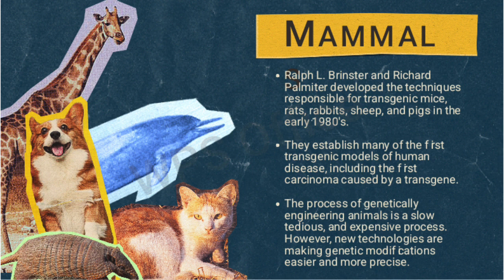So, sa pagkakaintindi ko is siguro nung mga dun sa past, ang proseso ng pag-genetic engineer sa animals is mabagal at saka may kamahalan, pero ngayong modernize na yung mundo natin, marami ng technologies na naiimbento na nakatutulong para mas mapadali yung pag-genetic modifications sa mga animals.